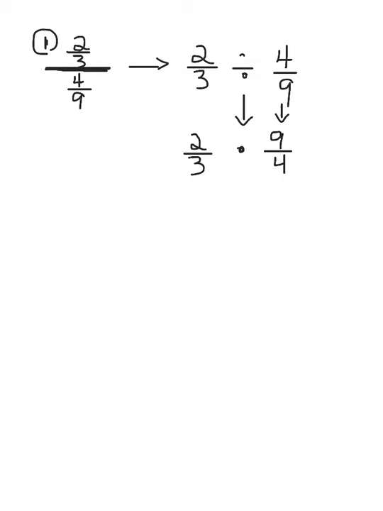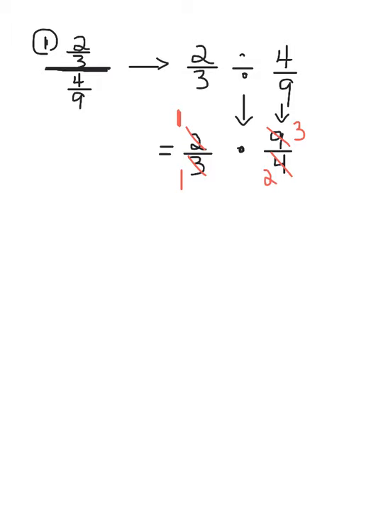Okay, so then hopefully you remember that when we have fractions like this, we can cancel to make our lives a little bit easier. So in other words, I notice here that 2 and 4 have a common factor of 2. Well, 2 goes into 2 once, and 2 goes into 4 twice. And then I also see 3 and 9 have a common factor. 3 goes into 3 once, and 3 goes into 9 three times.